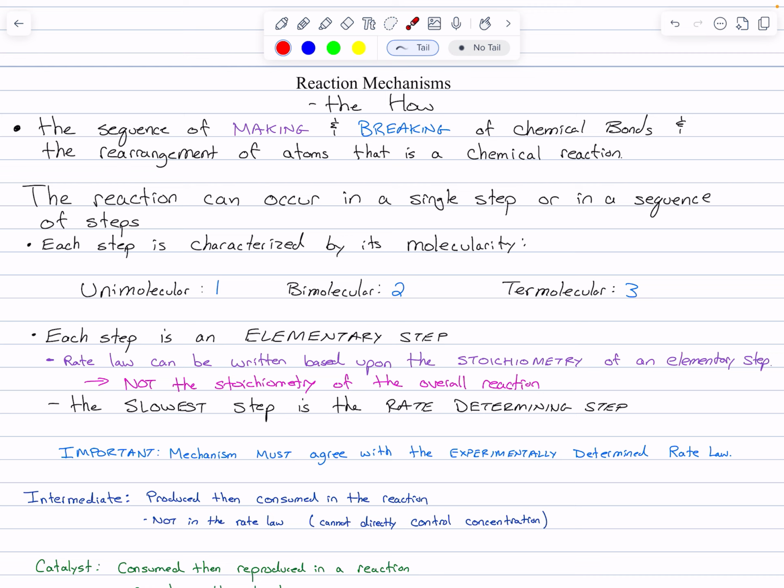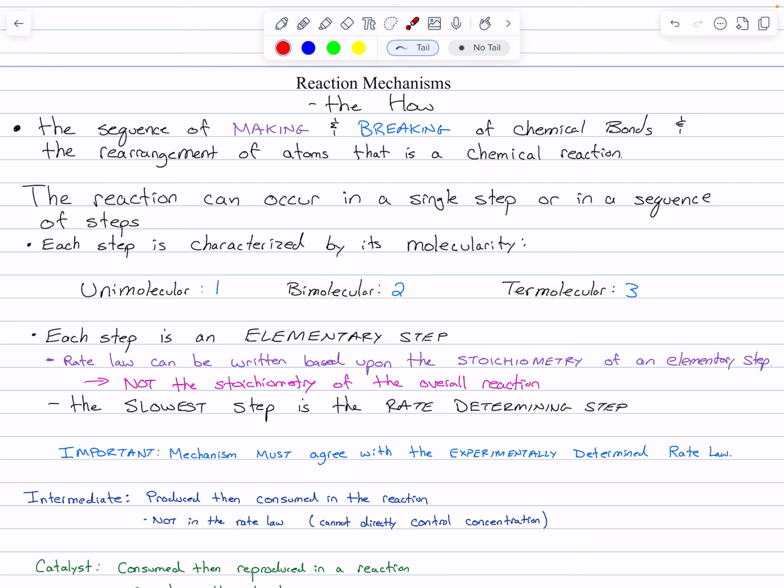If you have me starting out and then three other people, we're probably not going to win. I would be the rate determining factor there because I would be the slowest one in my old age. You replace me, and now the team has a better shot of winning. So the slow step is the rate determining step.